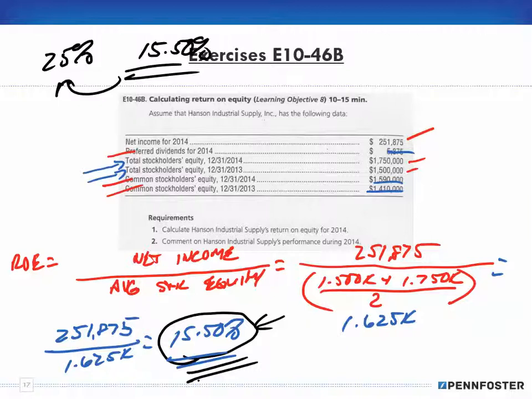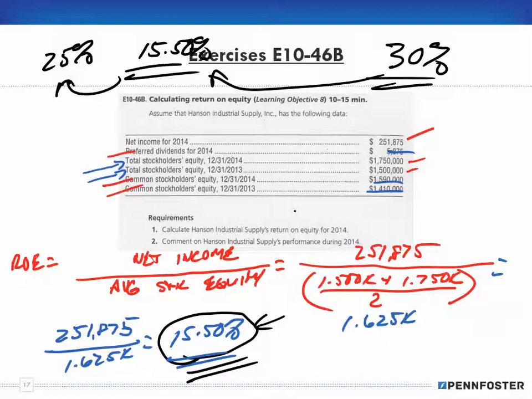But from an investor perspective, what if I'm able to get a 30% return on my money? Would I want to invest in a company that's only getting 15.5%? No, because I can find a better investment and get more at 30%.